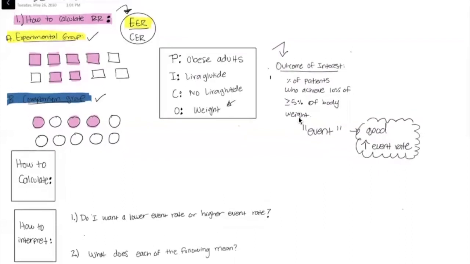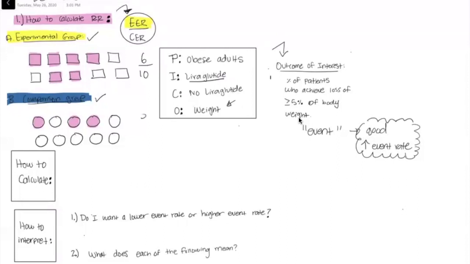All right, so let's see. Let's say we conducted our experiment, and in our experimental group, we saw that 6 out of 10 patients achieved the event of losing at least 5% of their body weight. And those were the patients that were receiving liraglutide, because that was our intervention. But let's say our control group, here, they were not receiving liraglutide.